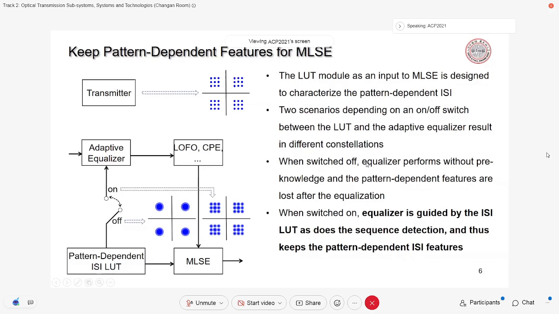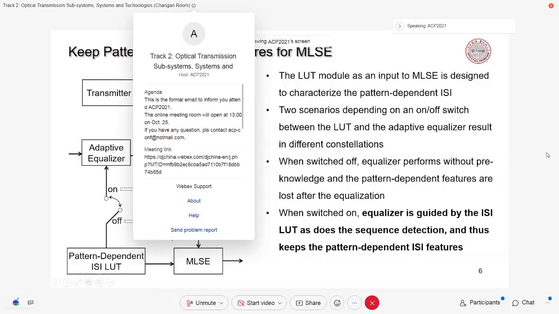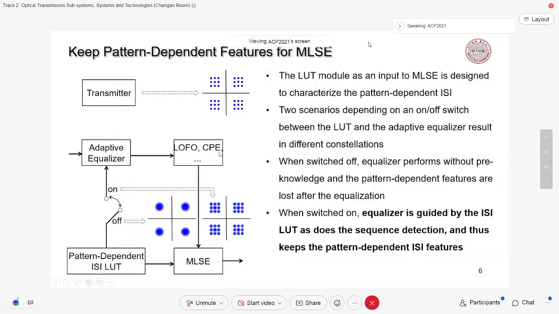In this way, you can see we can achieve this by switching this switch on, and after the frequency offset compensation, phase compensation or estimation, we have this feature kept for the MLC.